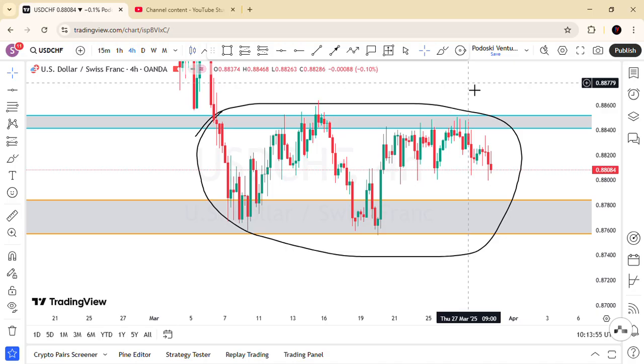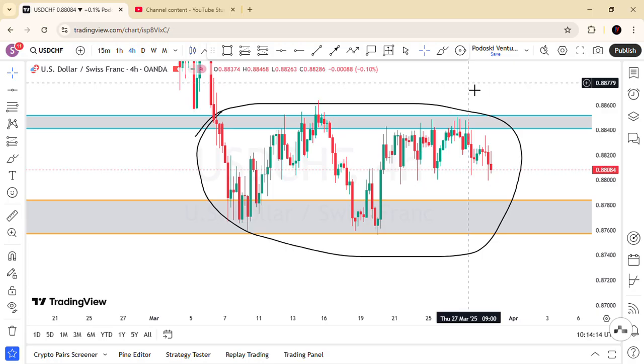So we should be looking for ways of being disciplined enough not to trade in a ranging or consolidation. But if you still want to trade, you can go to the lower time frames and look for opportunities.